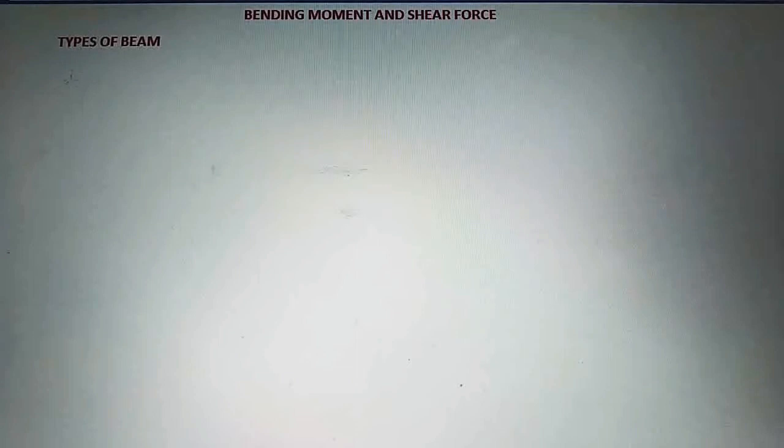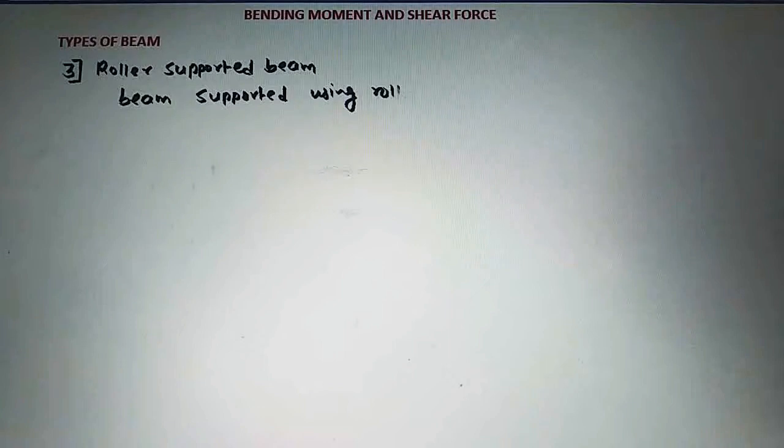Next type of beam, that is the third type, is called the roller supported beam. So what is a roller supported beam? When a beam is supported by using a roller, then that beam is called a roller supported beam, and the support is called a roller support.